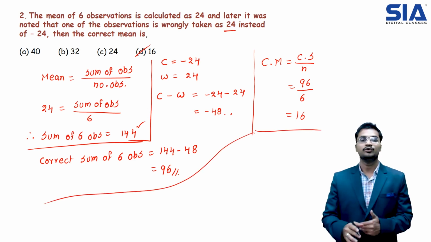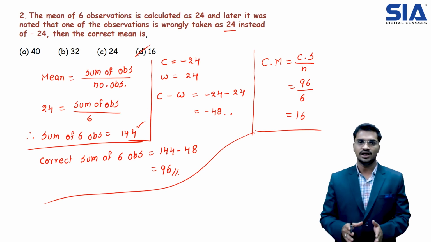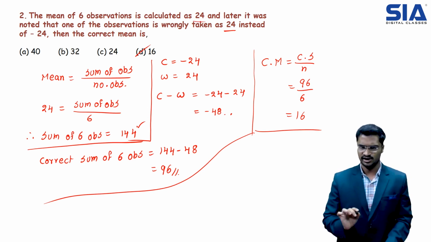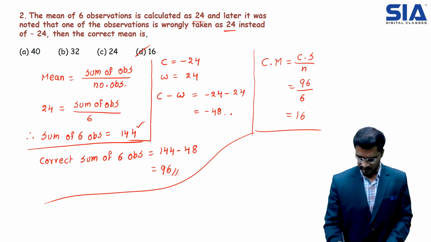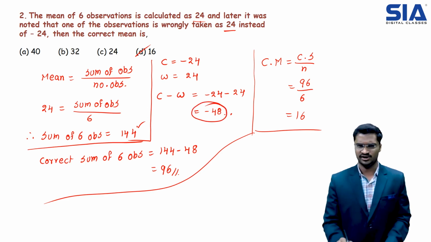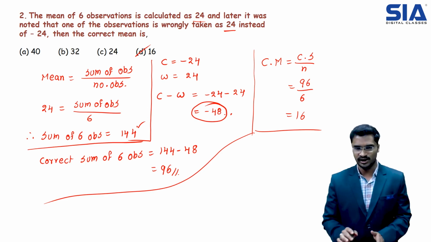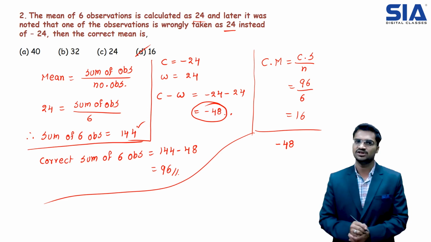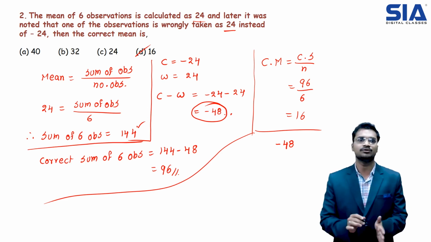Okay. Now you can also solve this question using a little tricky approach. Here the given mean is 24, and the net effect is correct minus wrong, which is minus 48. So we find the average of this minus 48 with respect to 6 observations.